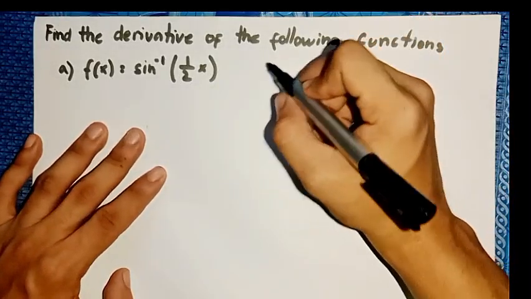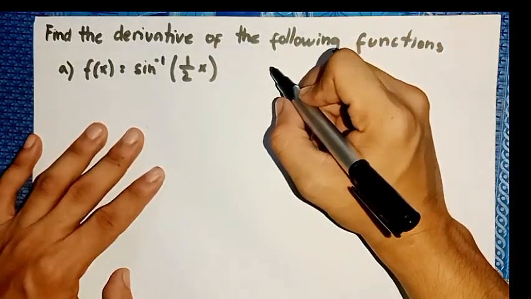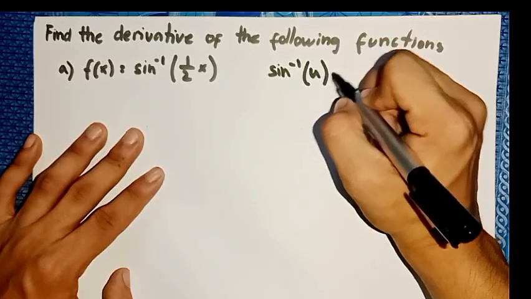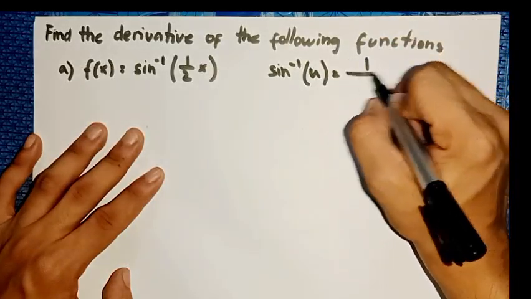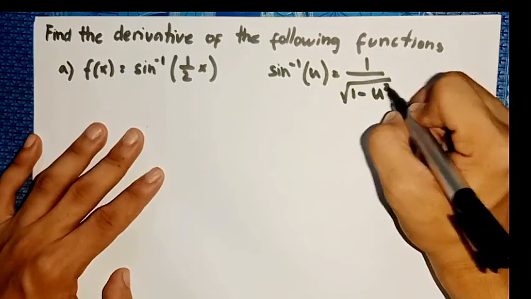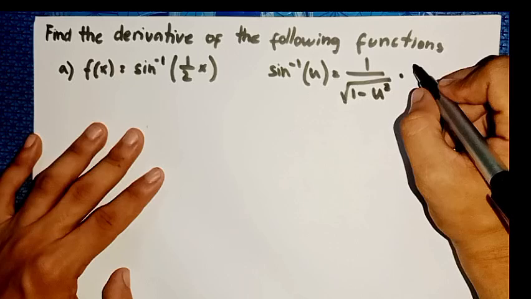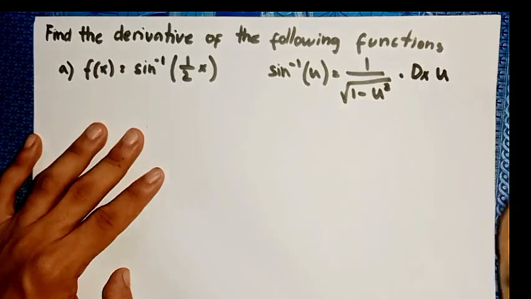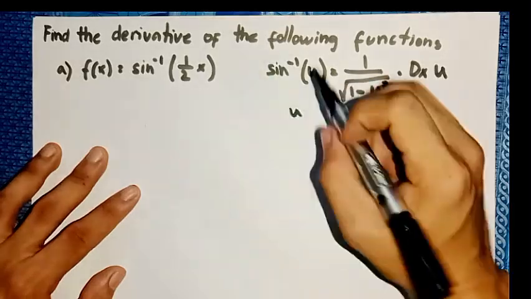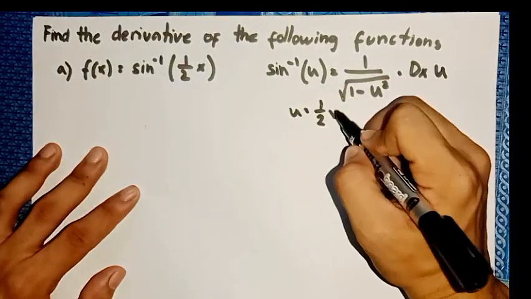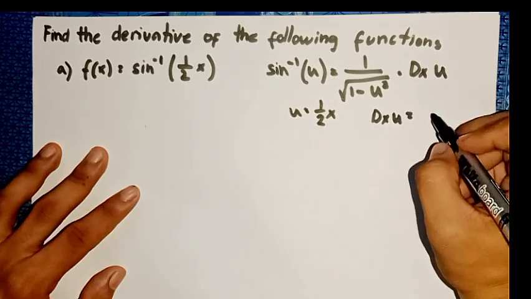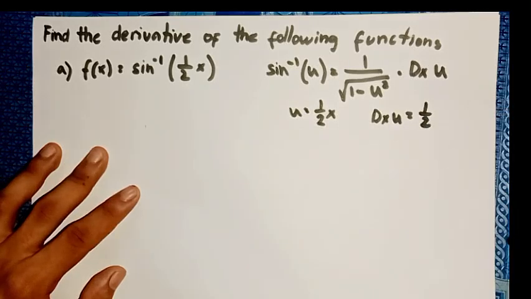Now, we have a formula for sine inverse of u. The derivative of it is 1 over square root of 1 minus u squared times the derivative of u. Now, our u in this problem is 1 half x, and the derivative of u, or the derivative of 1 half x, is equal to 1 half.